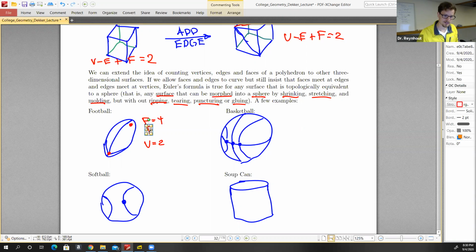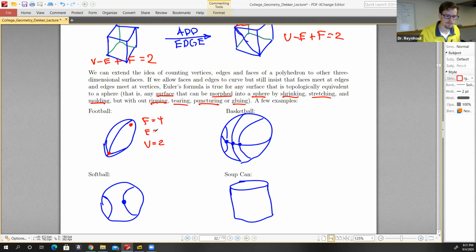And then as far as the edges go, we would have the 4 edges going from this vertex to that vertex. 1, 2, 3, 4 edges. V minus E plus F is equal to 2. All right, so let's take a look at a basketball.